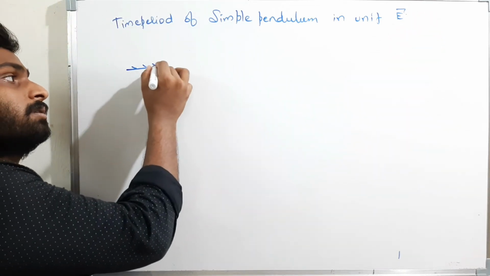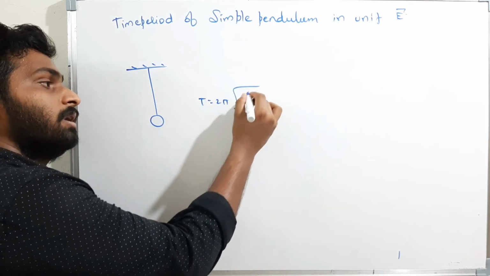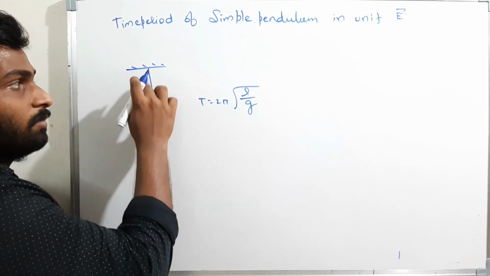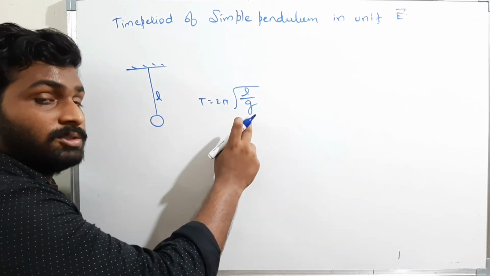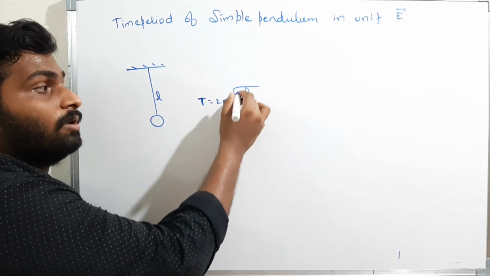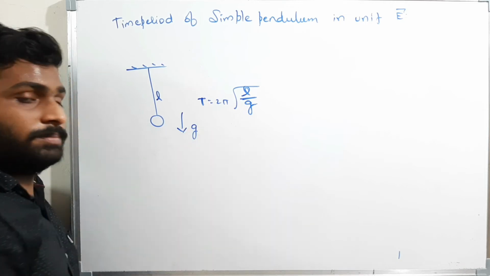This is a simple pendulum. What is the time period of a simple pendulum? That is 2 pi root of L by g, where L is the length of the simple pendulum and g is the acceleration due to gravity acting at this place, which is downward.